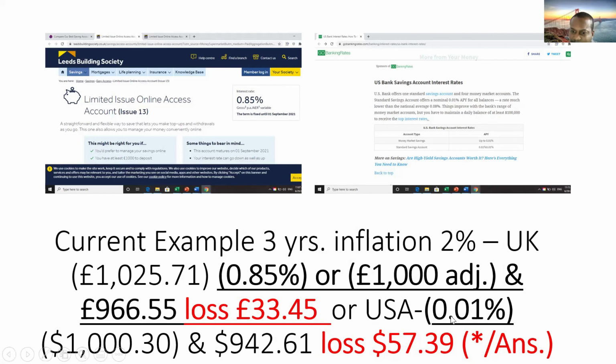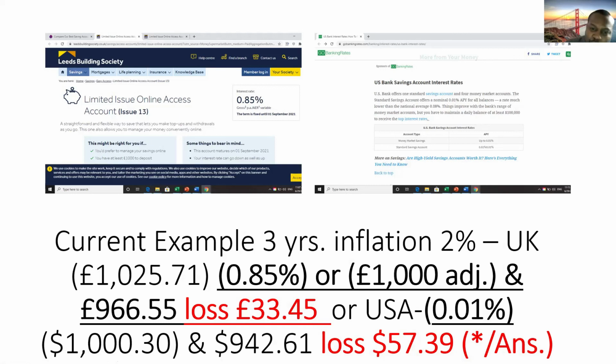And using the US situation, if we were to make the adjustment for the rate of inflation, you would actually have 942.61, having a loss of 57.39. Okay, so again, if you were to take the rate of inflation into account.